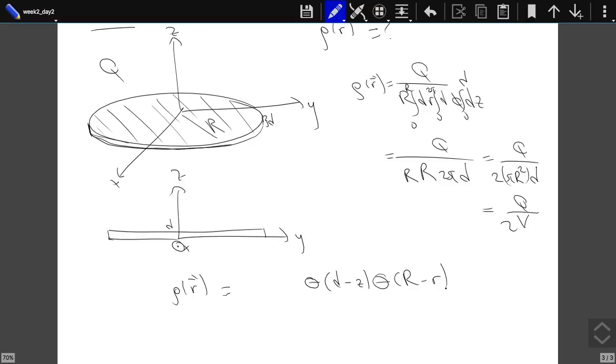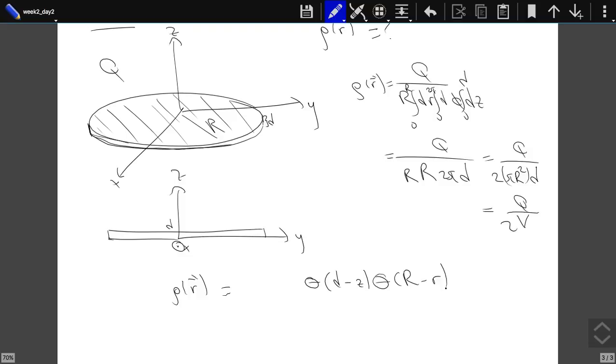Anything else? So what if, for example, Z is minus 5 meters? Z is negative, D is positive, so this is 1. If you are along the Z-axis, this is also 1, R is 0. So when Z is equal to minus 5, if these are the only step functions, we have a non-zero charge density here.